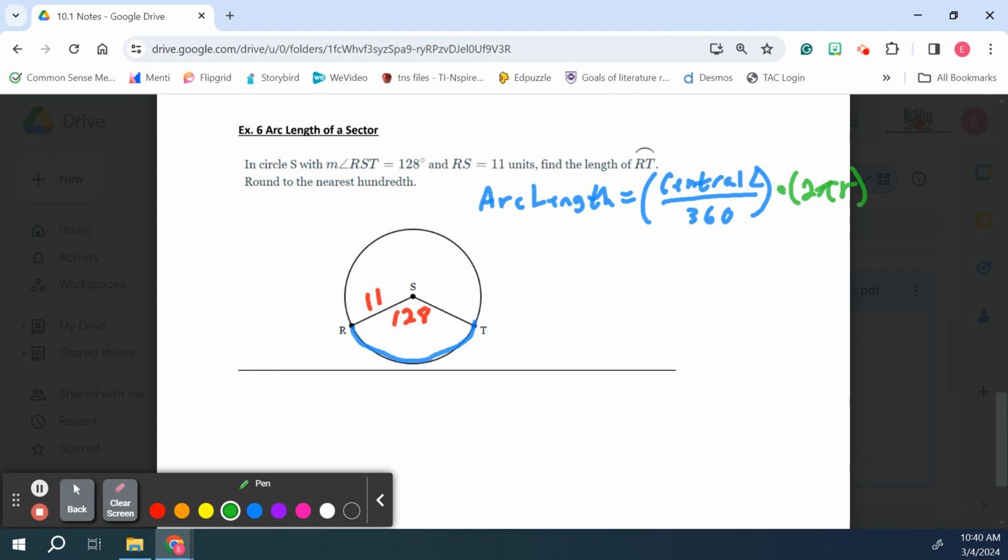Okay? So looking at this, the arc length is going to equal 128 divided by 360, parentheses, and then parentheses again, 2 pi times 11. Again, you can just type this in as is. They want you to round to the hundredth.